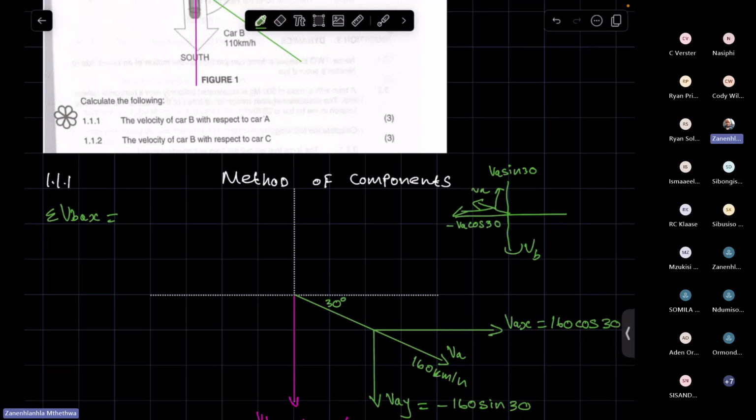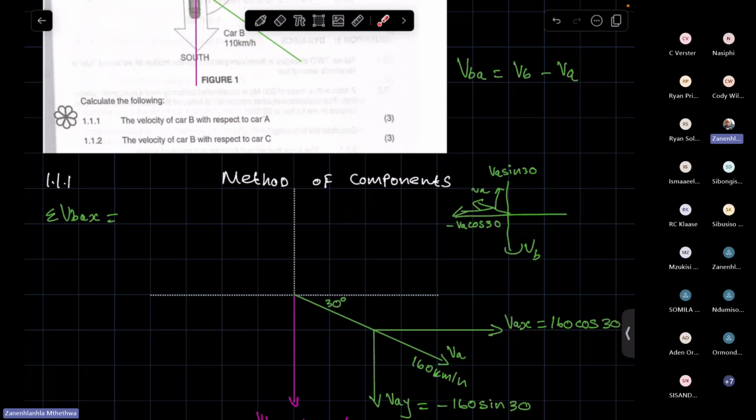I used an example between objects A and B and said, in this case, B is the object and A is the frame of reference. So this would be VBA is equal to VB minus VA, right?